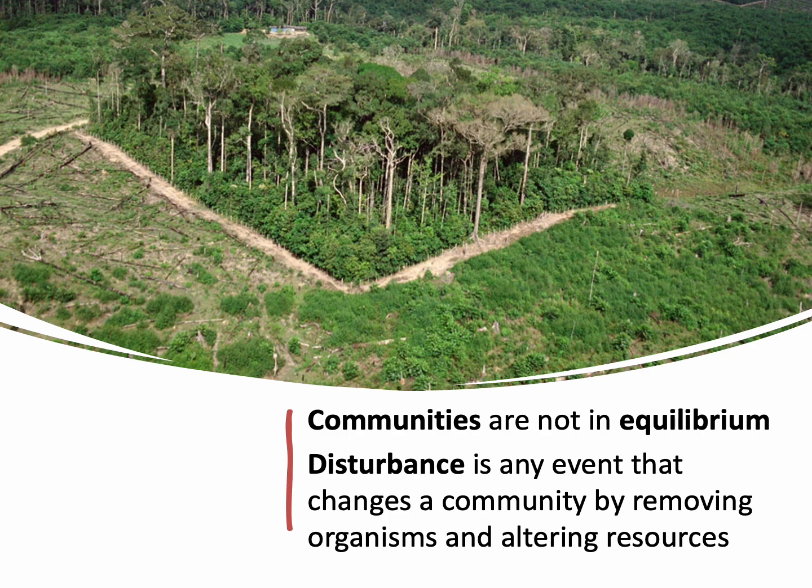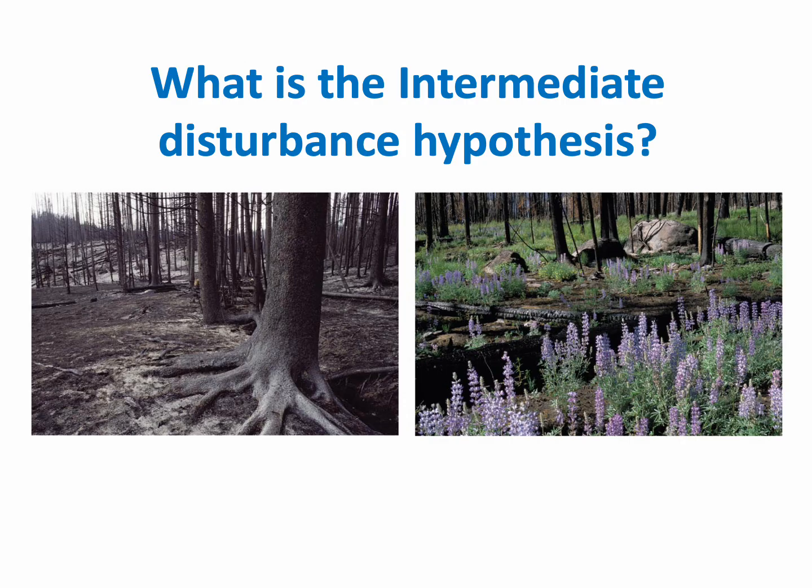So, the question is, when you disturb the habitat, how does it work? Well, we tend to think of it as being negative, but our approach has sort of changed, and now we accept something called the intermediate disturbance hypothesis, which aims to address the effects of disturbance on biodiversity.